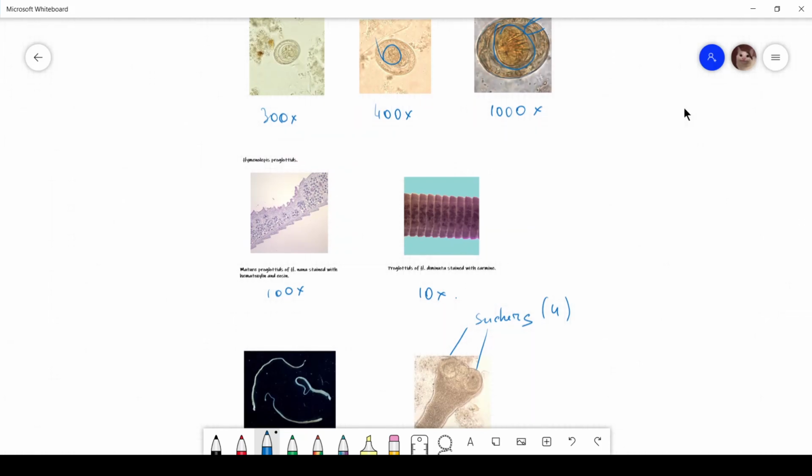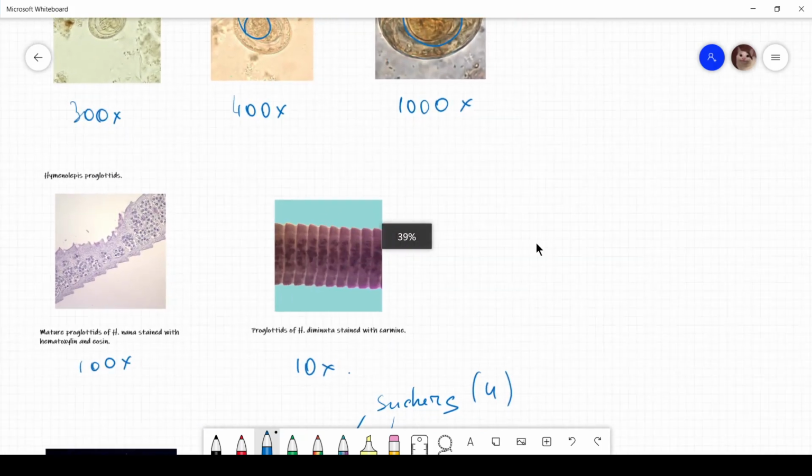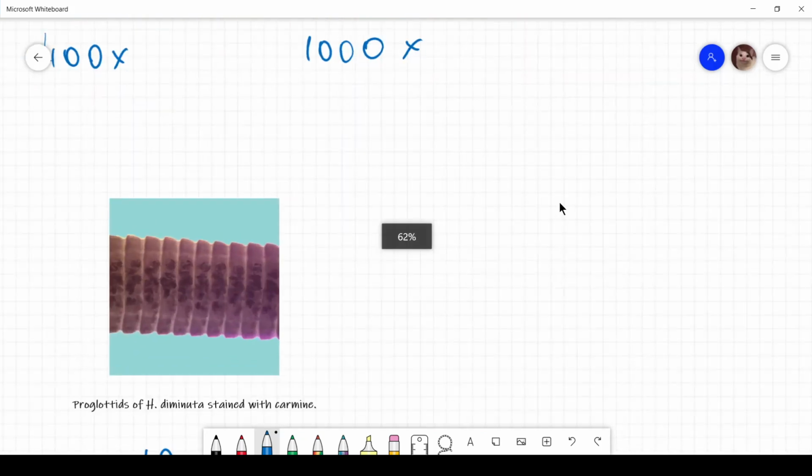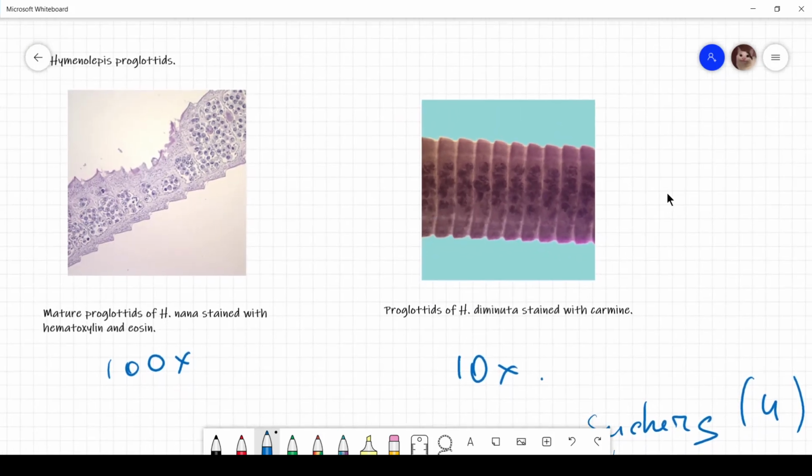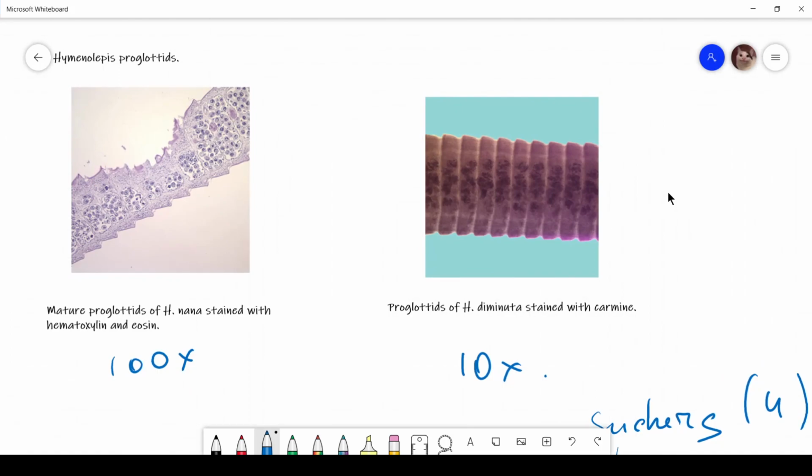Okay, Hymenolepis proglottids. What you can see when you find in feces parts of Hymenolepis nana and Hymenolepis diminuta proglottids or parts of their bodies.